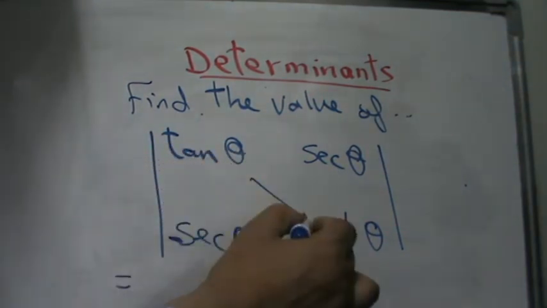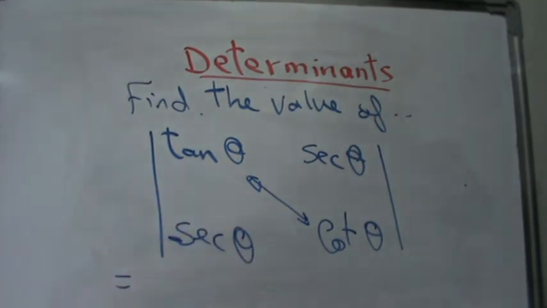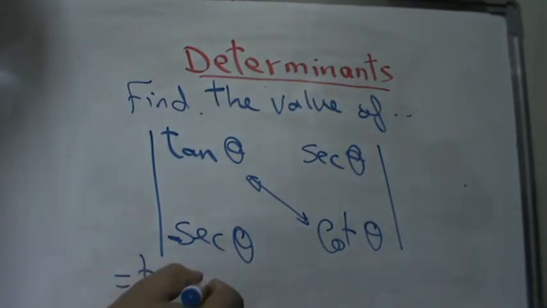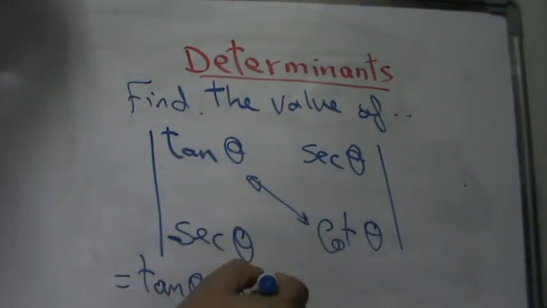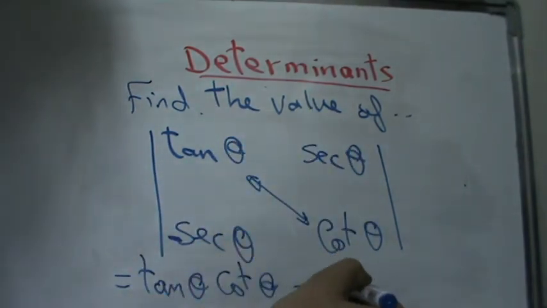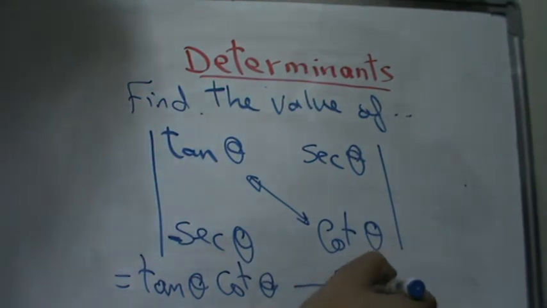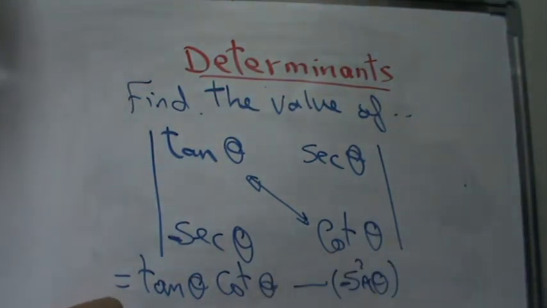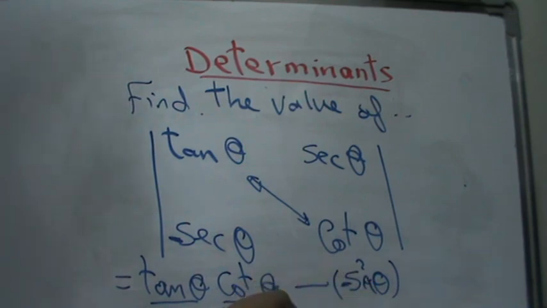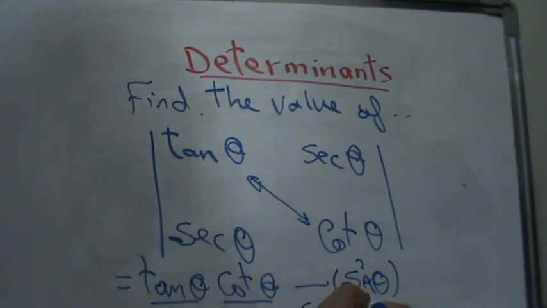Then you will multiply the principal diagonal, the two elements of the principal diagonal, tangent theta multiplied by cotangent theta, minus negative secant times secant, which will be negative secant square theta. Tangent multiplied by cotangent is a product of a trigonometric function by its reciprocal, which is equal to 1. And negative by negative will be positive. So 1 plus secant square theta.